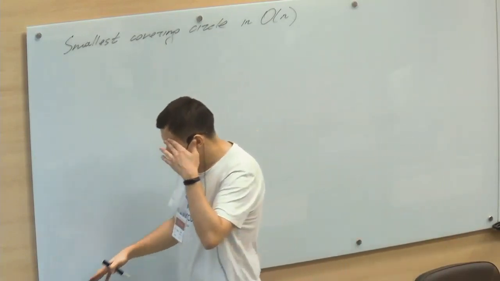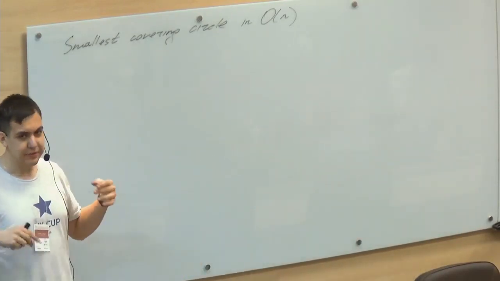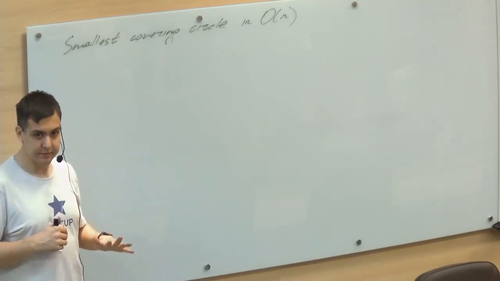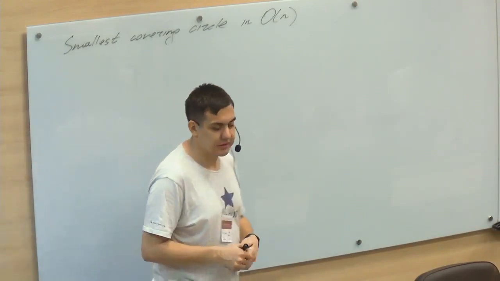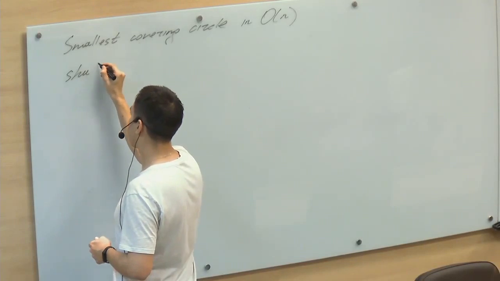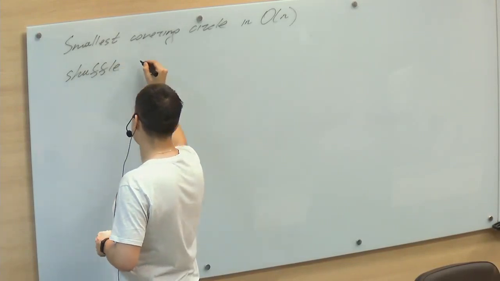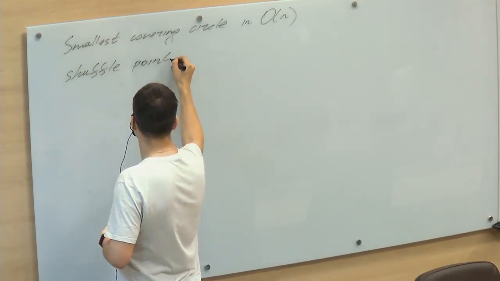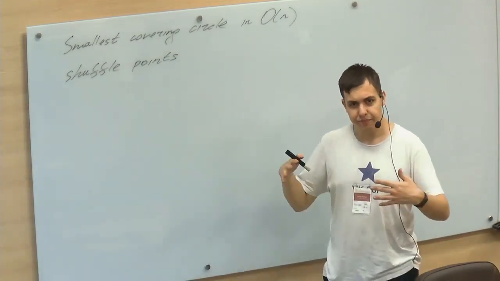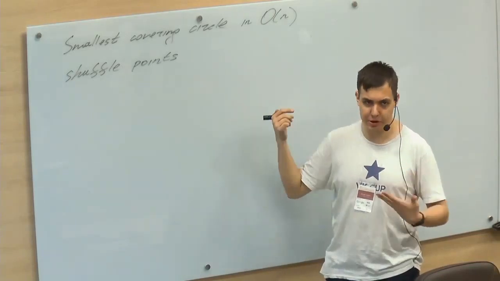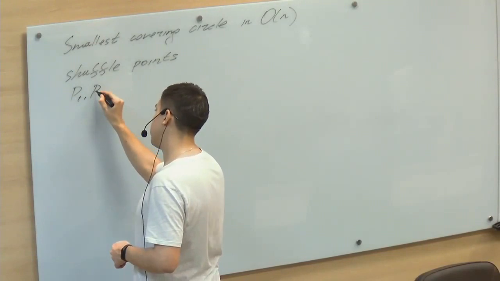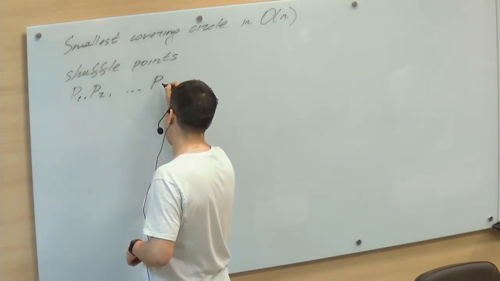Okay, so if this is a randomized algorithm, then let's shuffle points randomly. Then we will go over the points, so we have points P1, P2, ..., Pn.